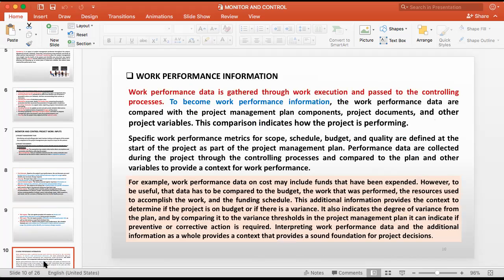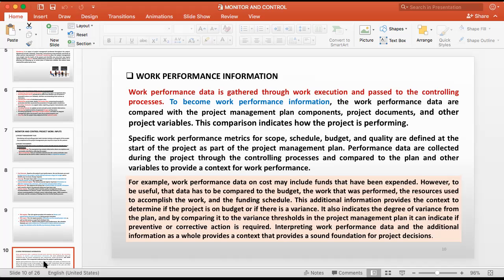That is the previous process, directing and execution of work. We are getting the work performance data from that process. So we are going to use this as an input to this monitoring and control process. So direct and manage project work gives an output, and you take that output as an input to this process. That is what becomes work performance information.